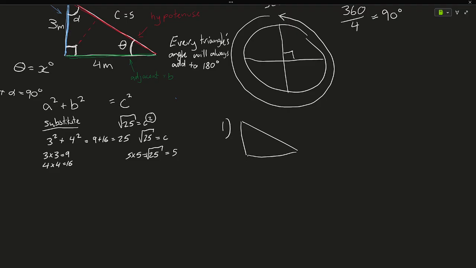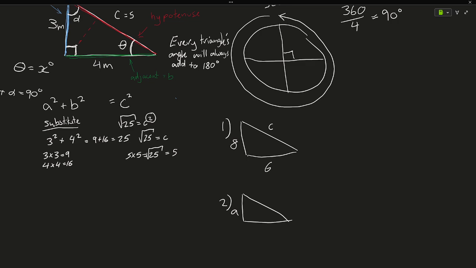Let's say this is 6, this is 8. What is C? For our second problem, you're trying to find A.